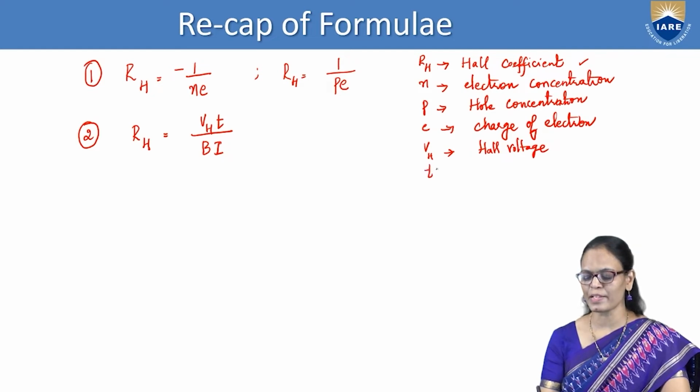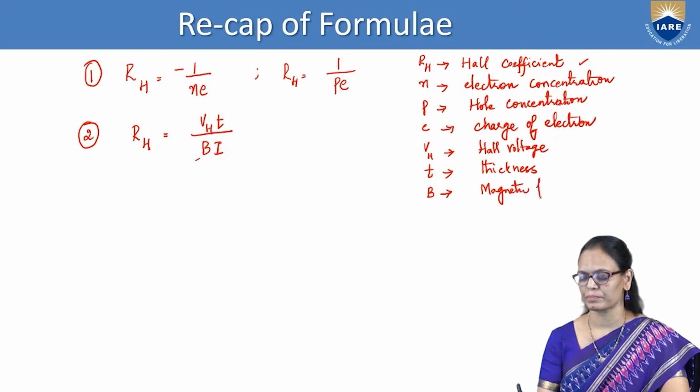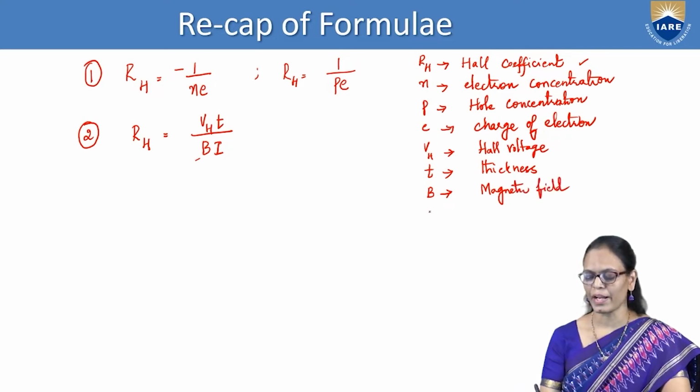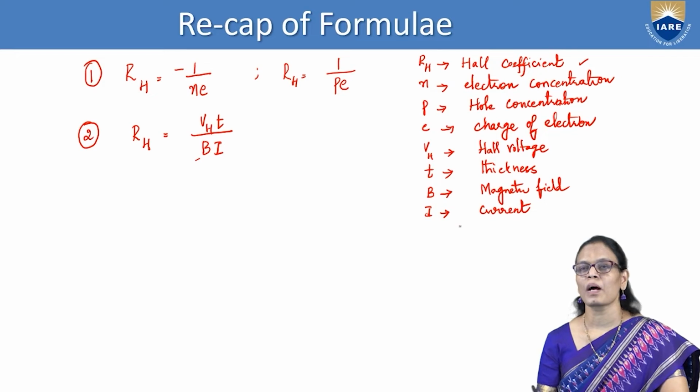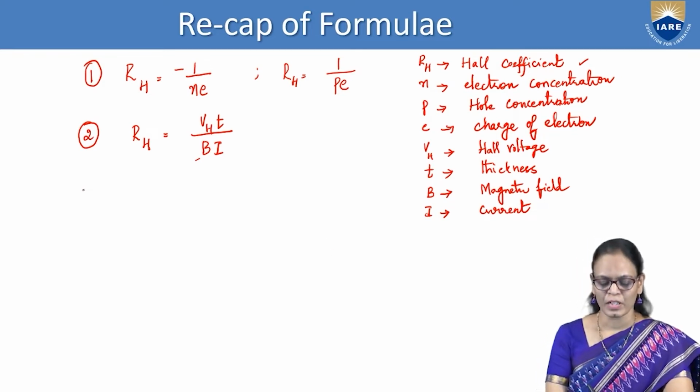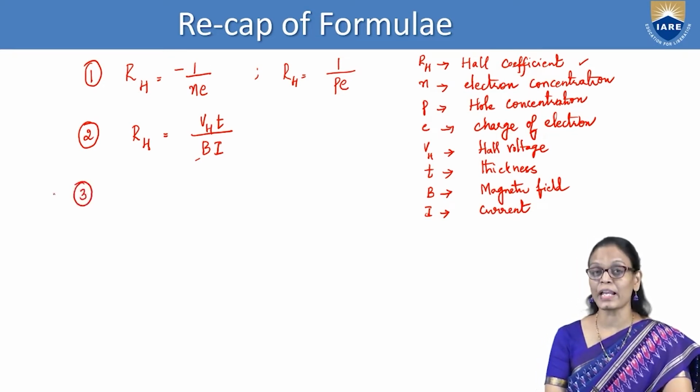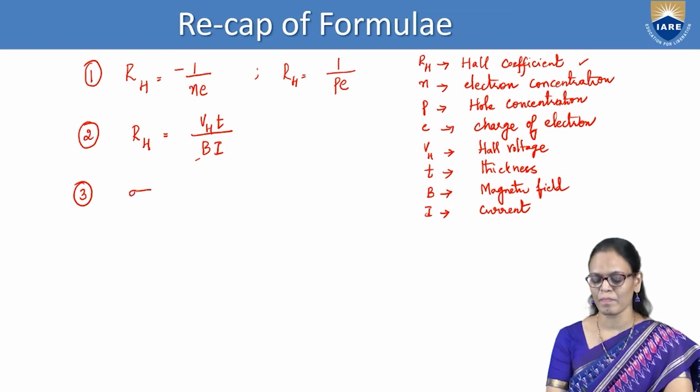Small t here represents the thickness of the specimen or the semiconductor. B here is the magnetic field, or we call it magnetic field induction. And I is the current. Then we are also going to calculate sigma.